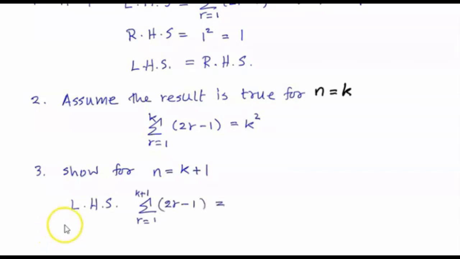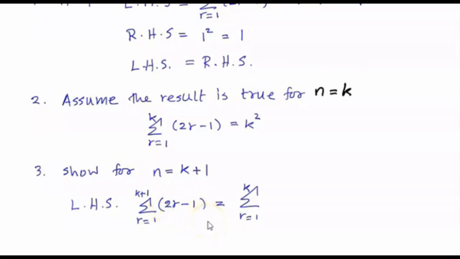Since I have made an assumption, I can write this sum, which goes from r equals 1 to k plus 1, as the sum on the left side plus another term. So what does that mean? If I just let this go from 1 to k, that will take care of the first k terms of this form, but there will be an additional term. So how do I account for that?